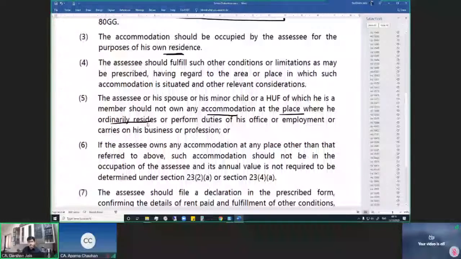That is not allowed. What is allowed, although, is this: he has got an accommodation at some other place. He has let it out because of his occupation. He comes to a new city or another city and takes an accommodation on rent there. If he does that, 80GG would be allowed.